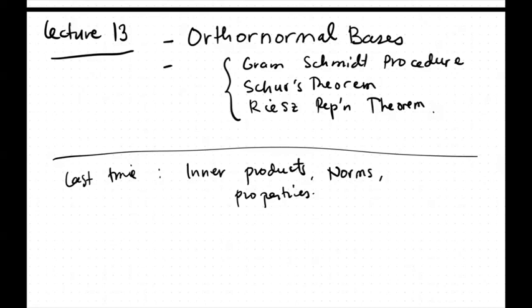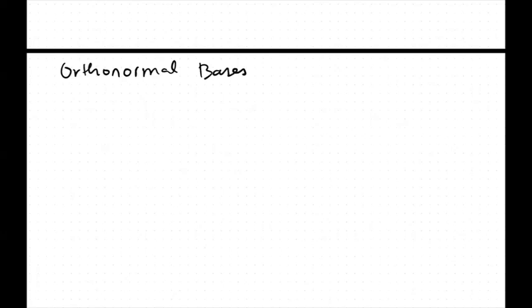Now we have the following. We will start with orthonormal basis. Let's start today's discussion with the definition of orthonormal basis. This is covered in section B of chapter 6 of Axler.